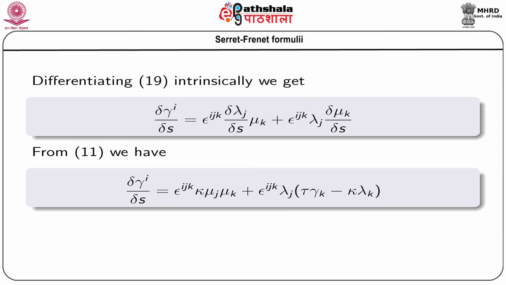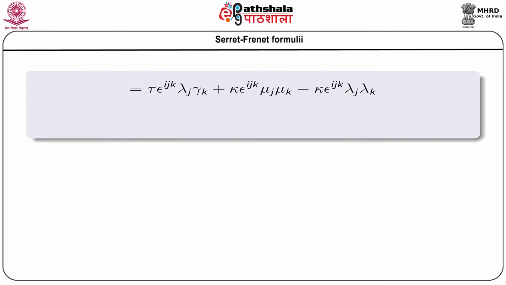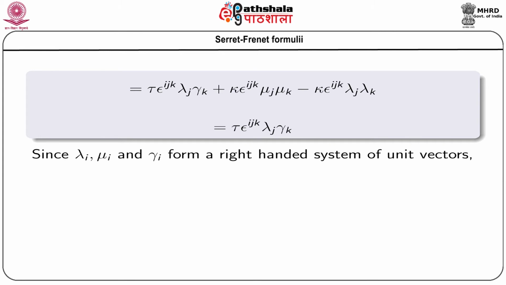Here, the Serret formula is used for the associated vectors. Just simplifying this one, we get this expression, and now we are likely to find the expression given on the right hand side.